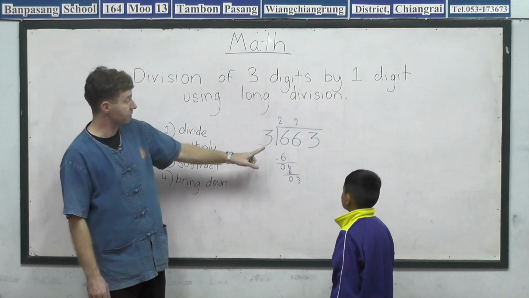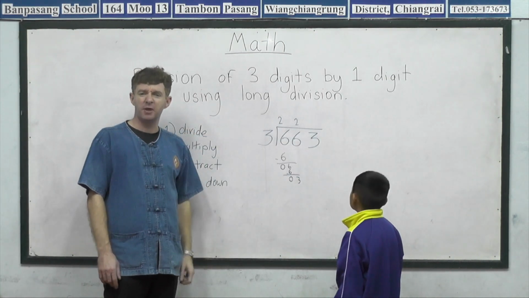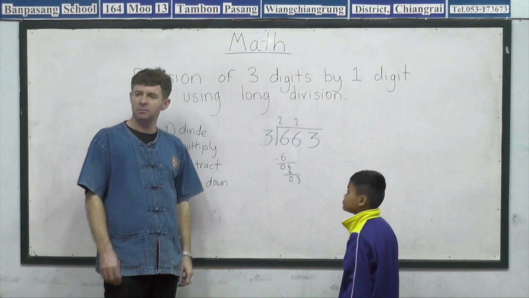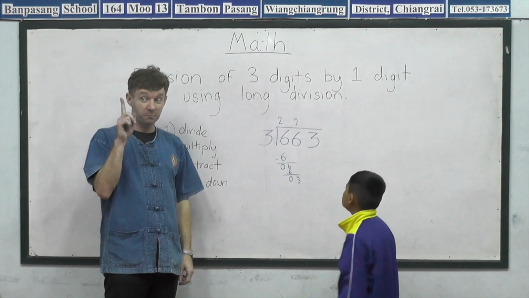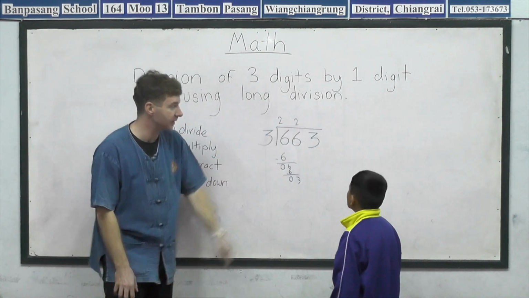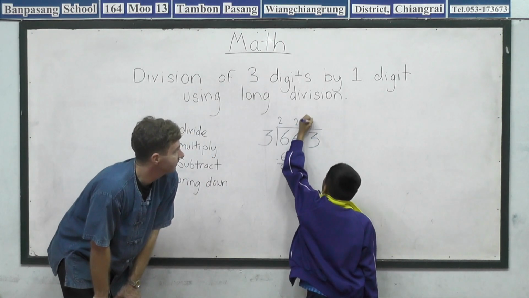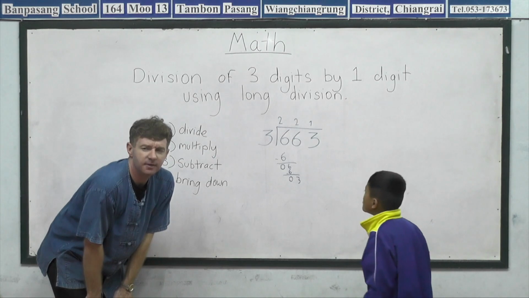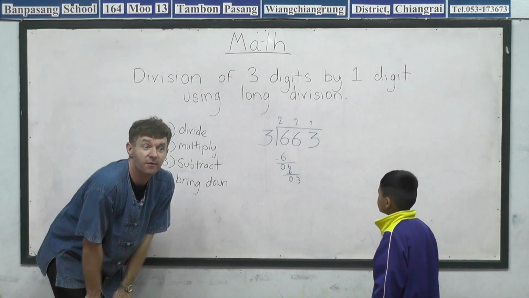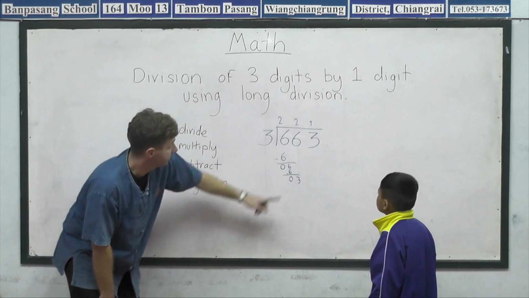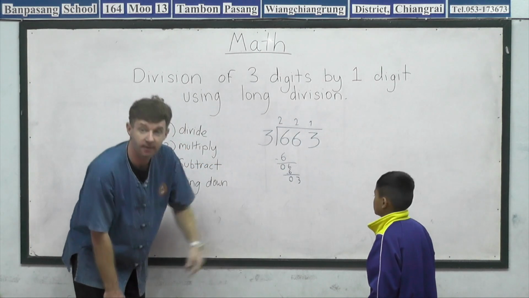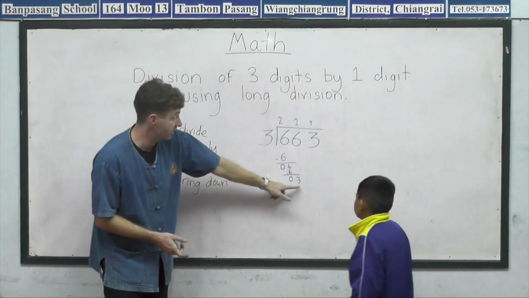Okay. 3 divided by 3 equals 1. So we write 1 here. 3 times 1 equals 3. So we'll write another 3 here. Can you write 3 again here?